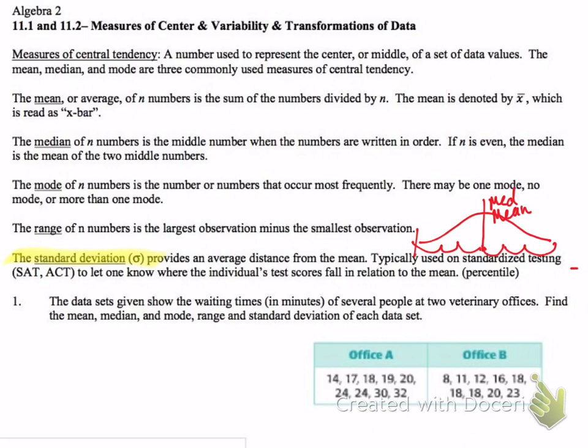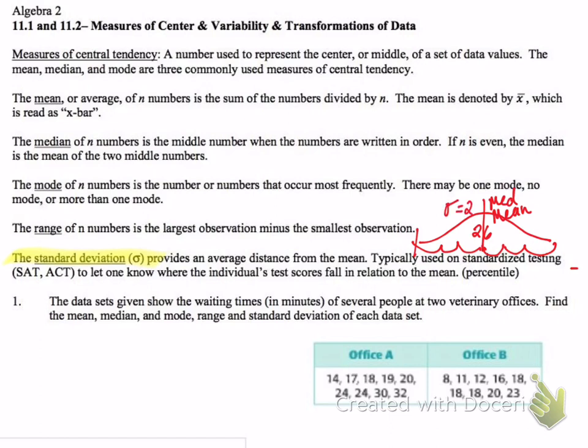So everyone that took the ACT on Saturday, if they calculate a standard deviation, let's say that the middle score was, I don't know, what's a good middle score? 25, 26? Let's say that the middle score was 26. And I calculate a standard deviation, and let's say that it's 2.